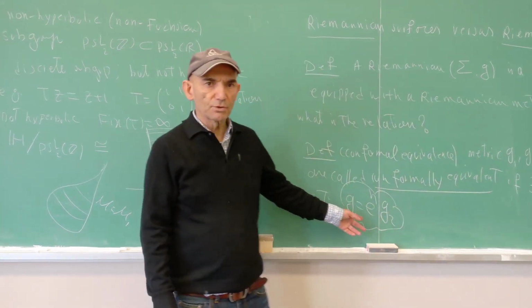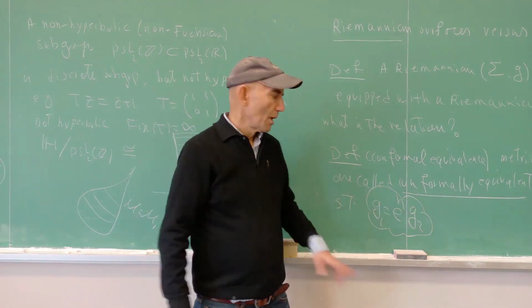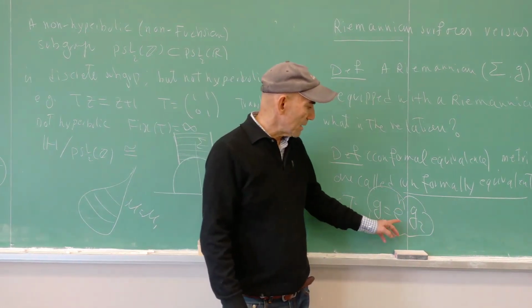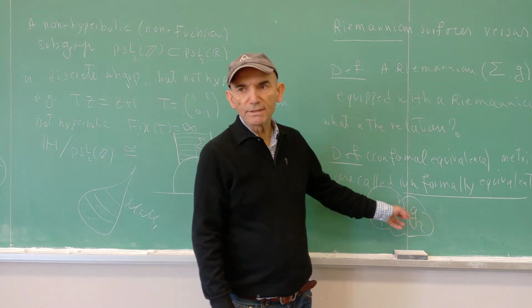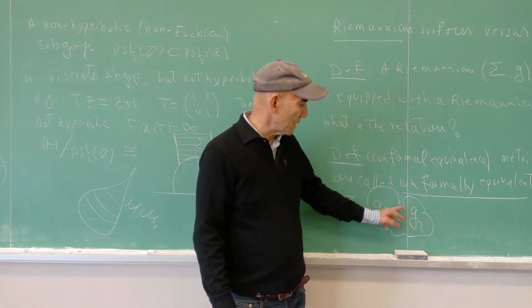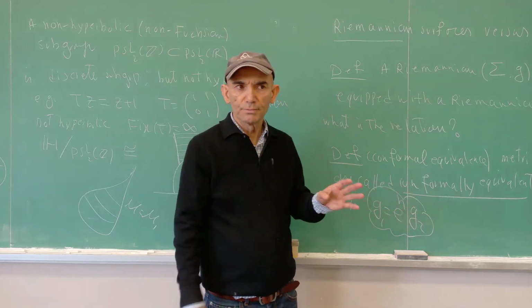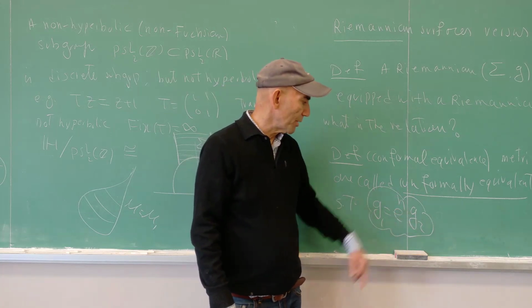This is like in physics, the conformal equivalence of metrics. You can say this as multiplying by a positive function. The only thing is that this function need not be constant, so the scale can change from point to point. So this is called conformal equivalence.